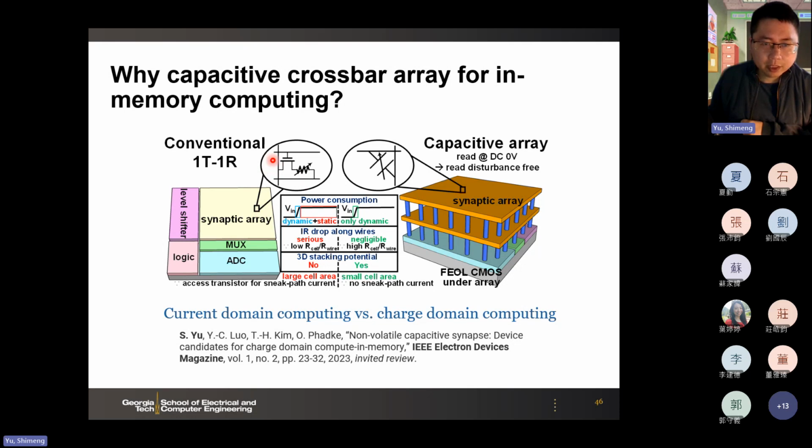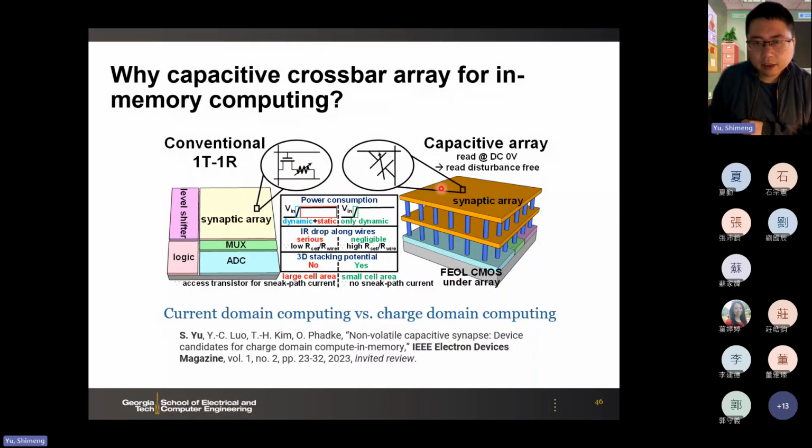If the input voltage is high, then you are going to pay the dynamic power to charge up the bitline. And once the bitline is charged up, then you flow the current, then you consume the power. And this will cause IR drop, because you have the current flow, and the bitline series resistance will cause voltage drop along the bitline. And then this is not very good.